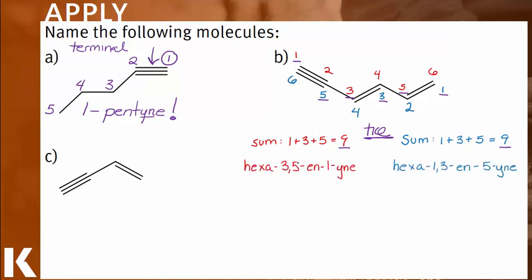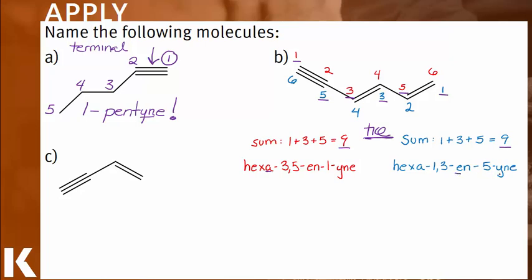If we were to just name these, as numbered in red, we would have a hexa-3,5-en-1-yne. Note, the A is just there for ease of pronunciation. It rolls off the tongue a little bit more readily. But if we were to use blue numbering, we have a hexa-1,3-en-5-yne.